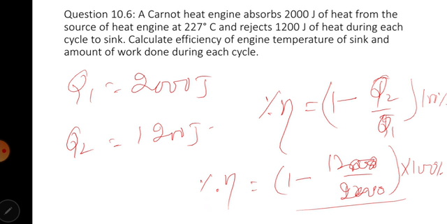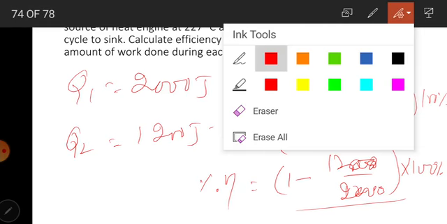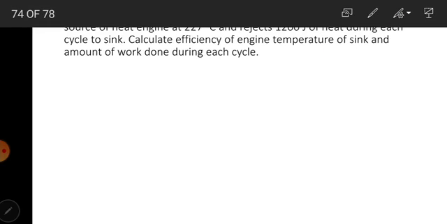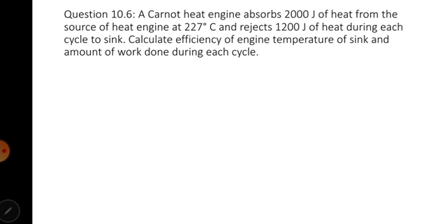Now, calculate the efficiency of the engine, temperature of sink, and amount of work done. So now we will calculate the temperature of sink. For temperature, efficiency is equal to 1 minus T2 divided by T1. We will use this formula.